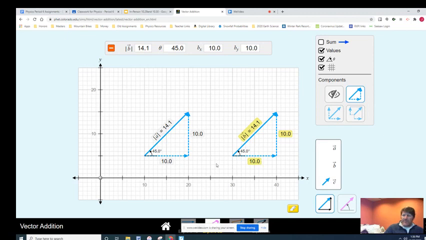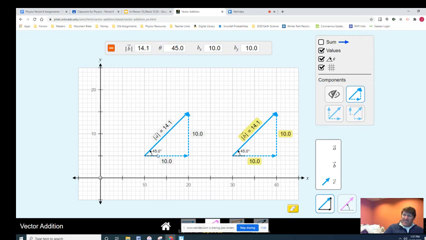Well, you might say, I remember that I add them in that case, and you do. So in the X direction, the result of these two should be 20 Newtons, and it also should be 10 and 10, which is 20 in the Y direction.